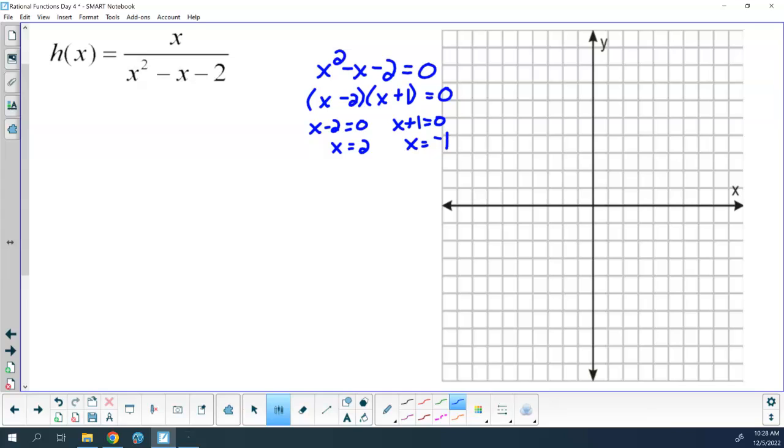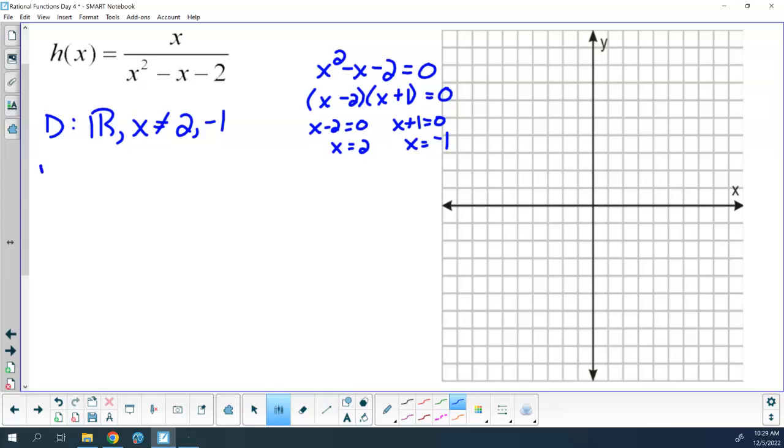So the domain is all real numbers except 2 and negative 1. If you wrote them both as x cannot equal 2, x cannot equal negative 1, this time you can write it like that. Okay?